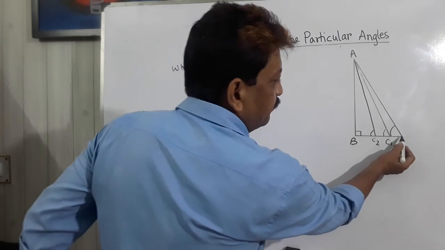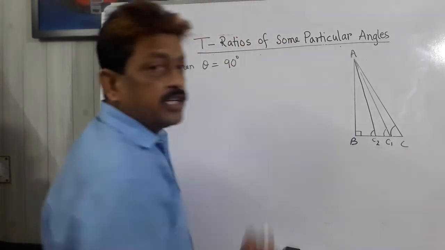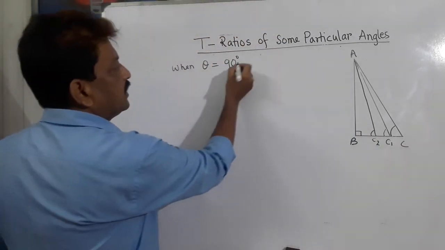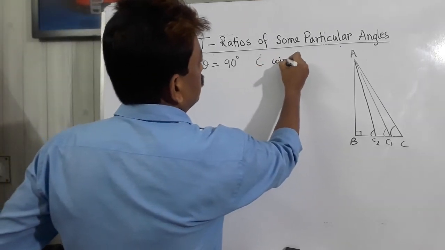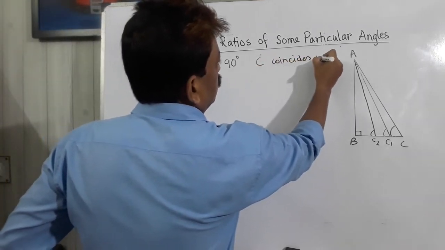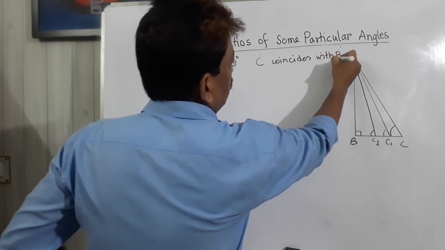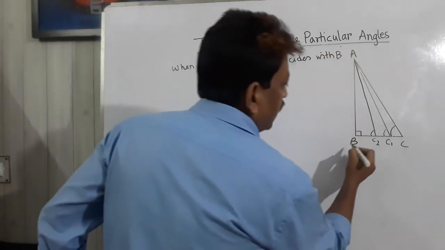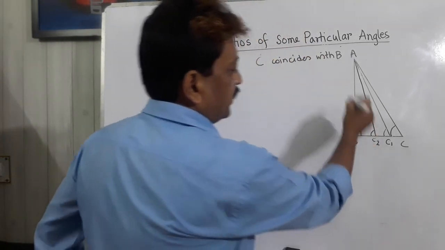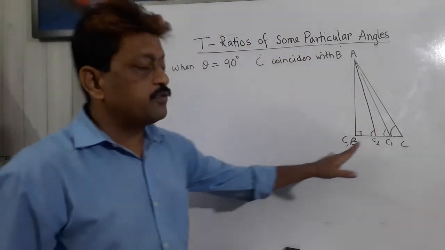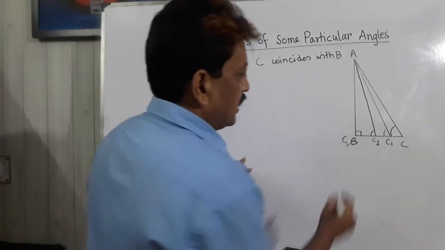So when theta becomes 90 degree, C coincides with B. That means C and B are the same point.